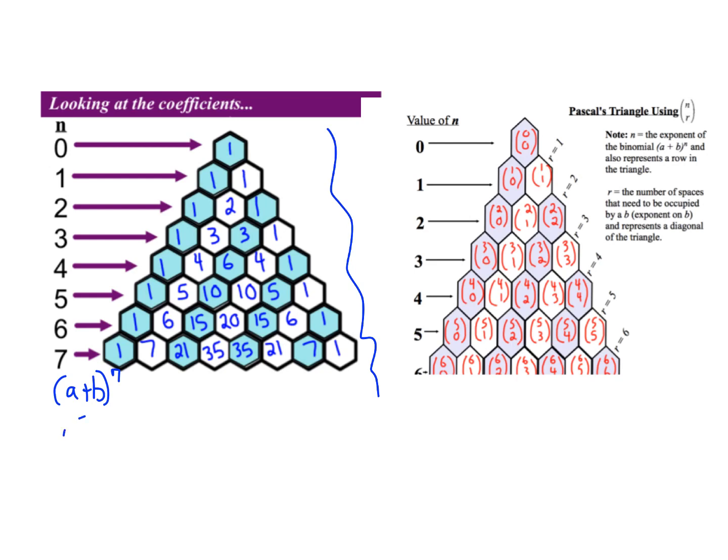And so it may seem silly for me to say find the middle term in the expansion when we've got an even exponent, and you think, well, if the exponent is 8, how can we have a middle? But there's actually 9 terms in the expansion of a plus b to the 8, which means that the fifth term will be our middle term.